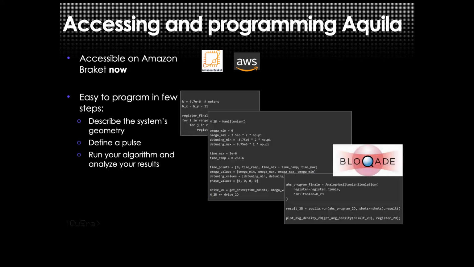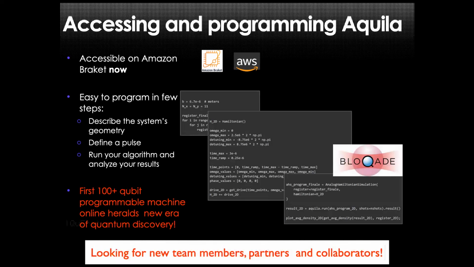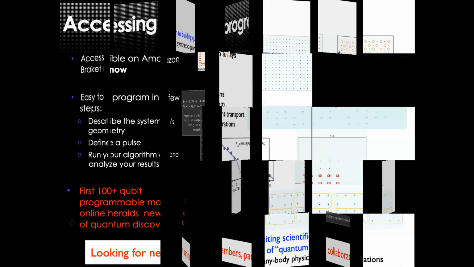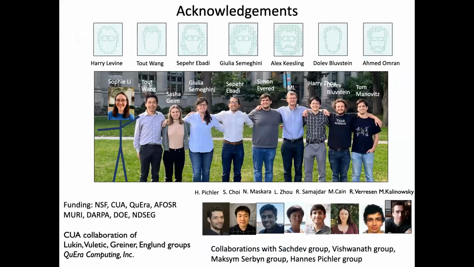As I already mentioned, quite a few papers have already been published. I think this availability of the machine really heralds a bit of a new era, because you can experiment with that, you can make some discoveries, and they're looking for new team members, partners, and collaborators. So with that, I'd like to thank you for your attention and thank all these people whose blood and sweat resulted in this.